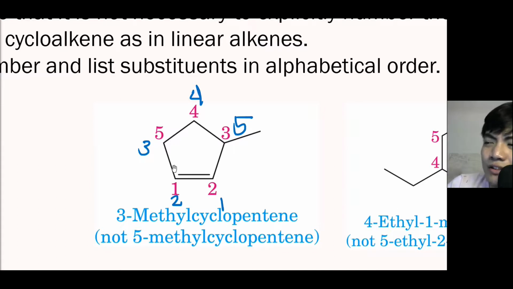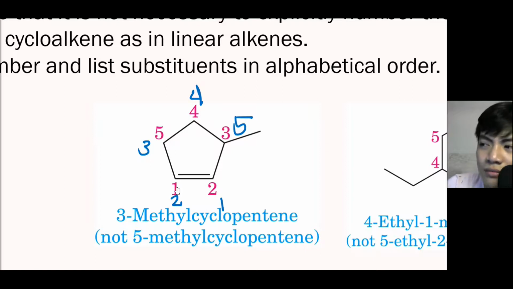Kasi, if we count counterclockwise, the substituent will have a locant of 3. However, if you count it clockwise, then your substituent will have a locant of 5. And which is lower? Is it the 3 or the 5? Obviously, it's the 3. Okay? So, yan. So, we need to do it counterclockwise.